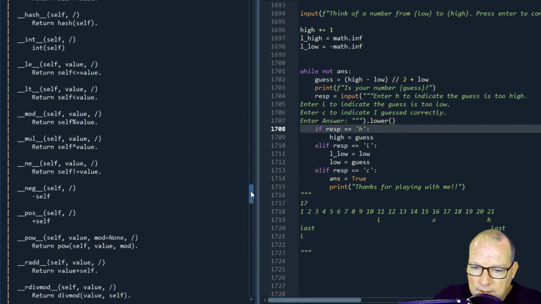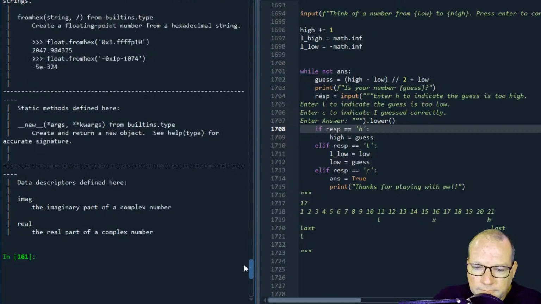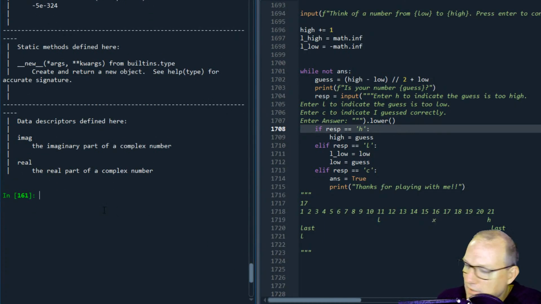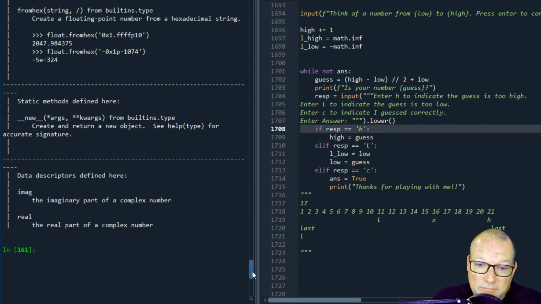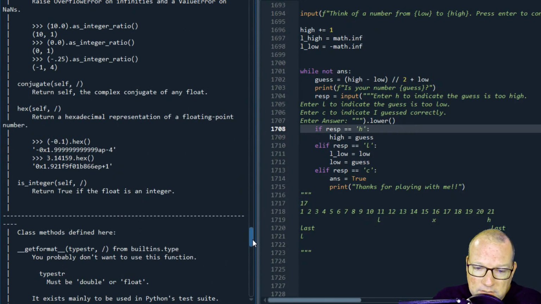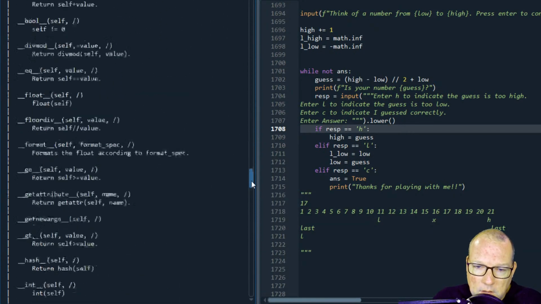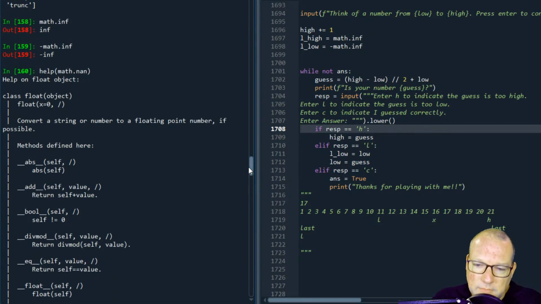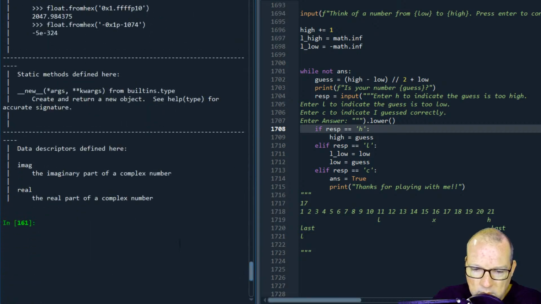It's just like a not an imaginary number, but I'm trying to remember that now. We're stretching my math skills and my math memory, but it's just a not-a-number.